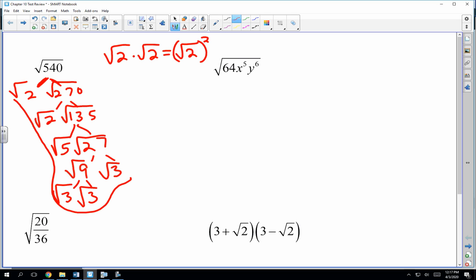And we learned in this unit that the square root of anything squared is just the thing underneath the radical. In other words, the squaring undoes, or is the inverse operation of the square root. And so we end up with just a 2 here for that.